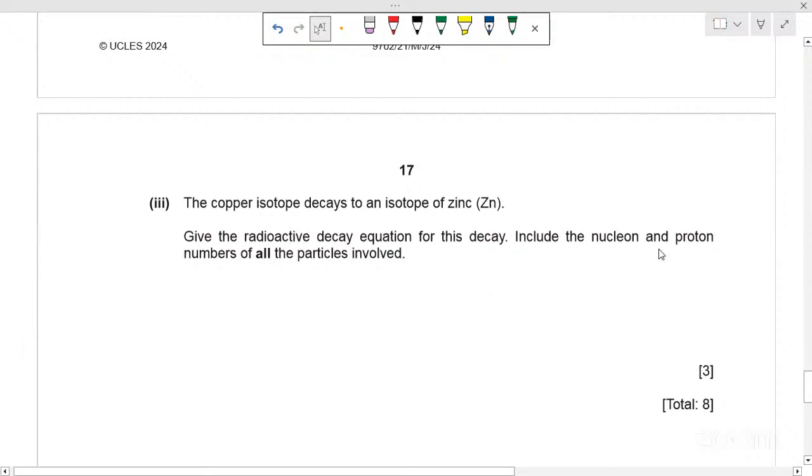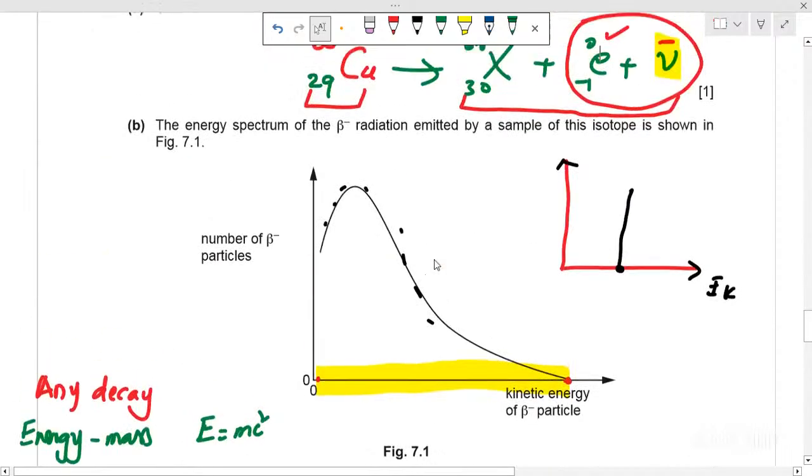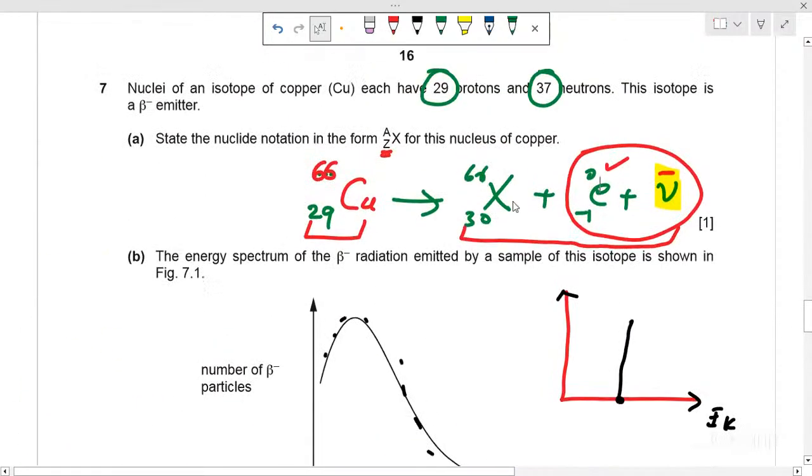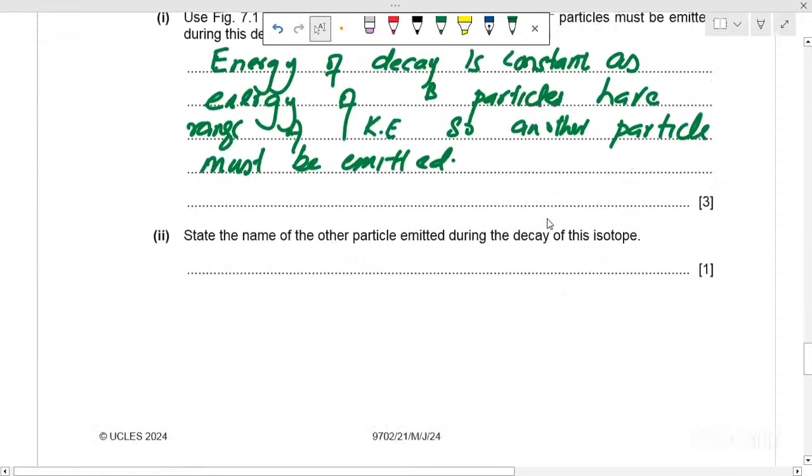Include the nucleon and proton numbers of all the particles involved. I have already done that. Over here, you have to mention zinc, Zn. This is zinc.